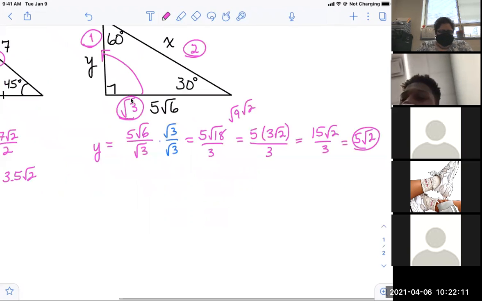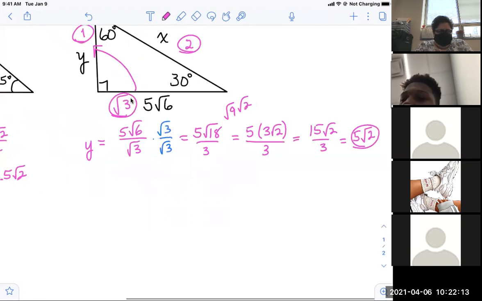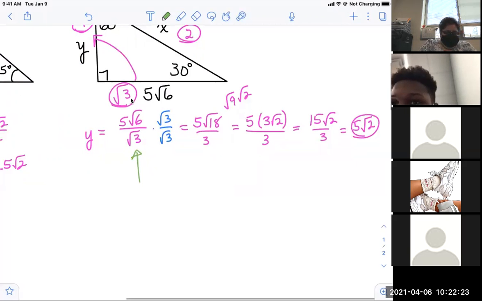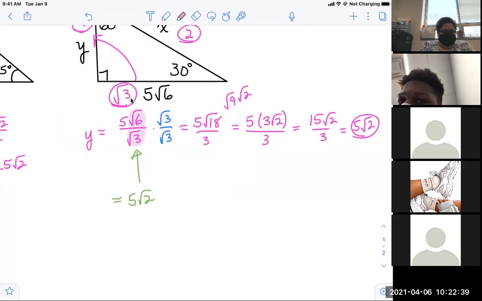Okay, good. Did anybody else get this in like 2 seconds and thought, why did he not do this? Kara, what did you do? 5√2, just divide the radicals. Okay, remember the numbers in the front can divide and the radicals can divide. So did Jaron get there? Yeah, he got there. It's just not the quickest way, right?